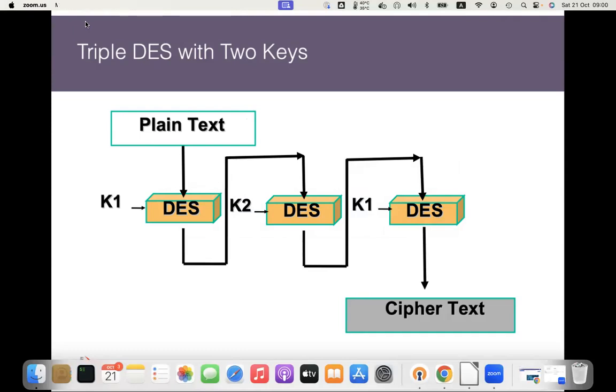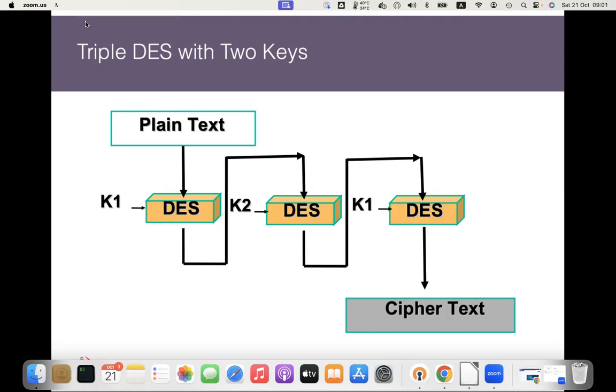They use K1 in the first round, then they use the second key K2 in the second round, and they will again use K1 in the third round. That means we use two keys, in order K1, K2, and K1 back.